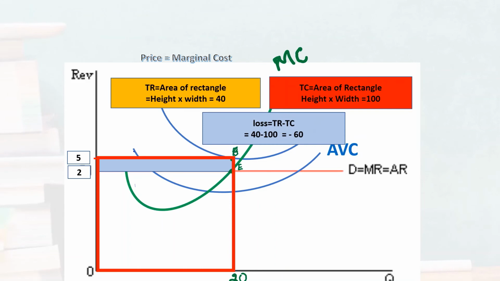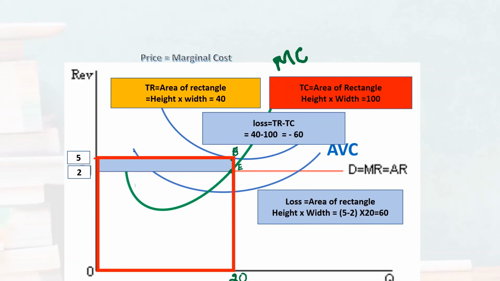And then what about the difference between total cost and total revenue? It is equal to minus 60, which means that the firm is facing losses. This is the first method, which is just taking the difference between total revenue and total cost, but we can also find the profit directly by just calculating the area of this small rectangle which is left after taking the difference between total revenue and total cost.